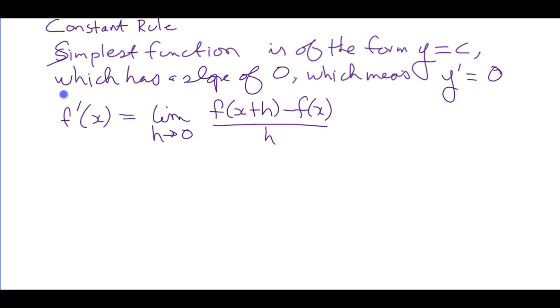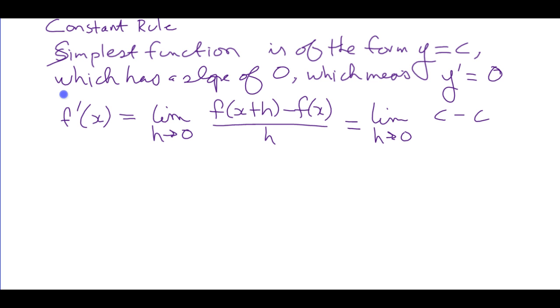And so we go to first principles, right? So what's the derivative? It's the limit as h approaches 0 of f of x plus h minus f of x over h, which is the limit as h approaches 0 of, now what's f of x plus h? Well, what's f of x anywhere? It's just c. And what's f of x?